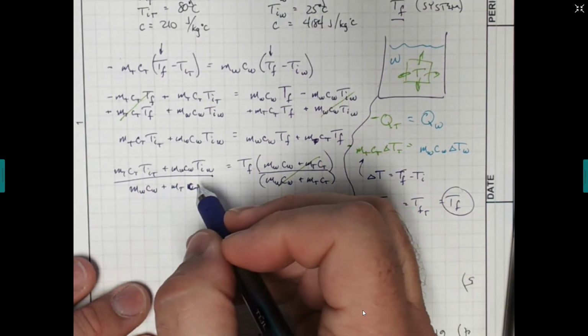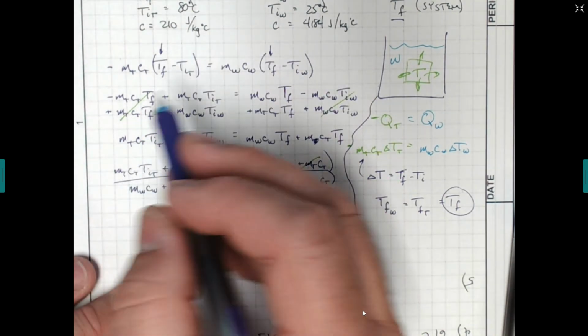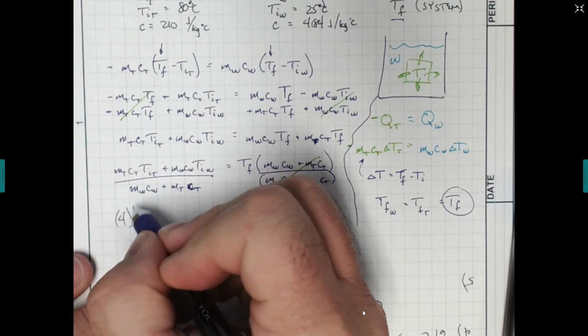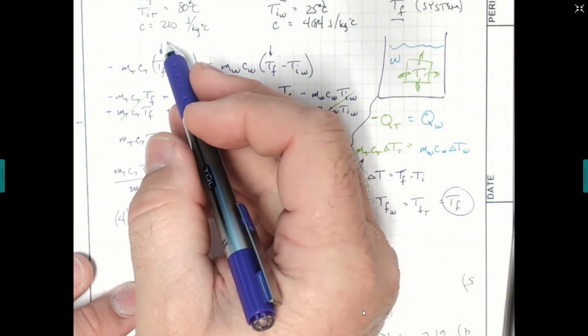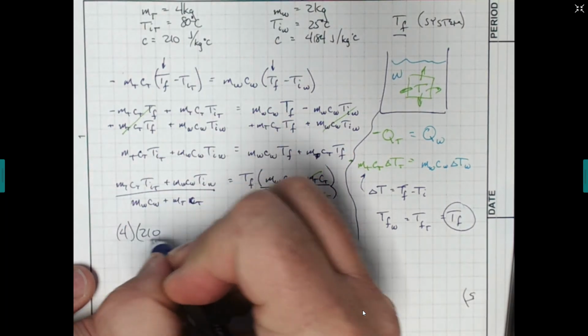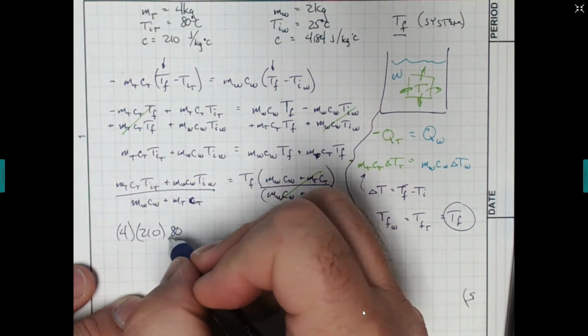So now I've got to put all my numbers in there. I'm going to leave off the units just because it's confusing enough. There's too many numbers and letters in there. So we're going to have the 4, and then the specific heat of tin was 210, times the initial temperature of the tin, which was 80.